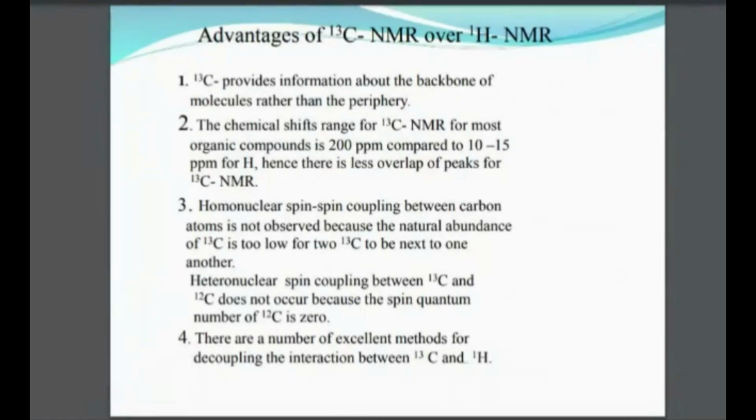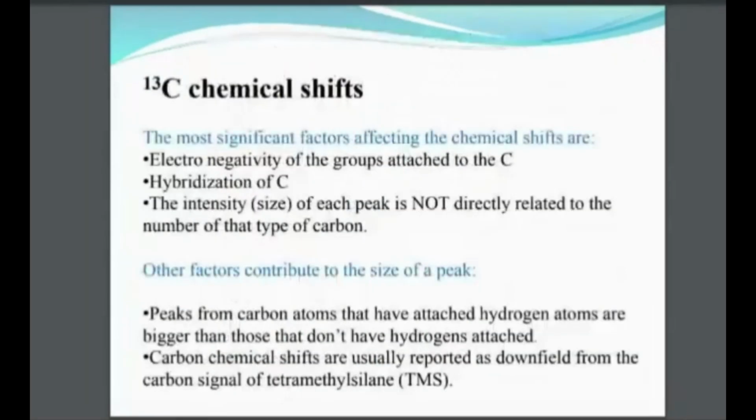See, when we say that C13 gets excited easily because its gyromagnetic ratio is weak, it doesn't matter how weak the external magnetic field is, it will make all the nuclei which have spin quantum number as odd align themselves in the direction of the magnetic field.